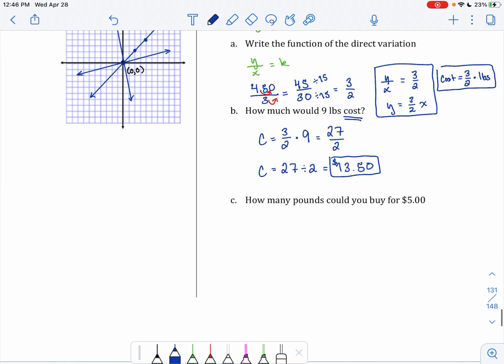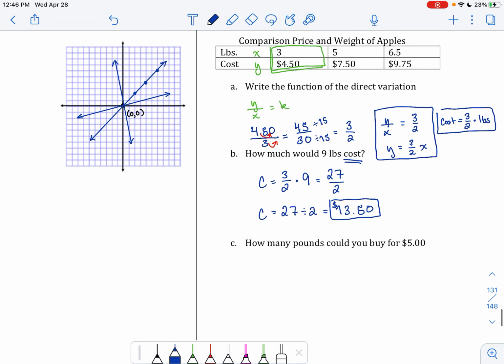Now, how many pounds could you buy for $5? So similarly, but now we know the cost, so the cost is $5, 3/2 times the number of apples, or the weight of apples. So in this case, I'm going to divide by the 3 over 2 on both sides.